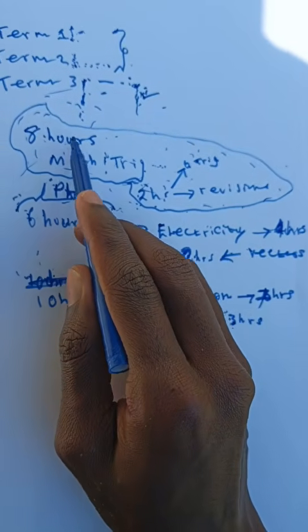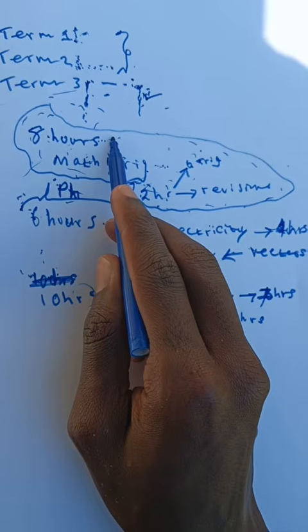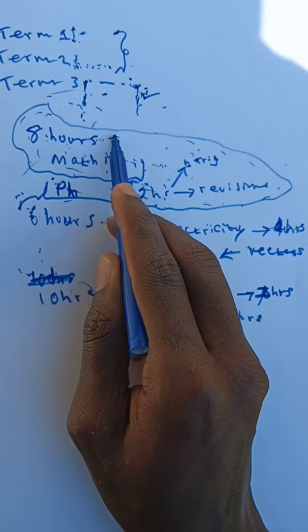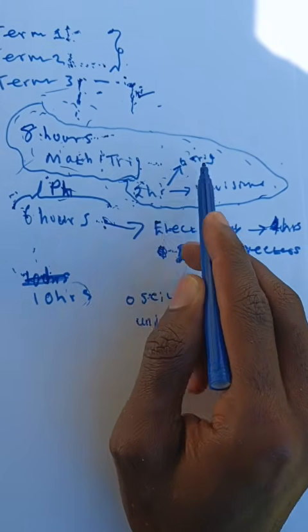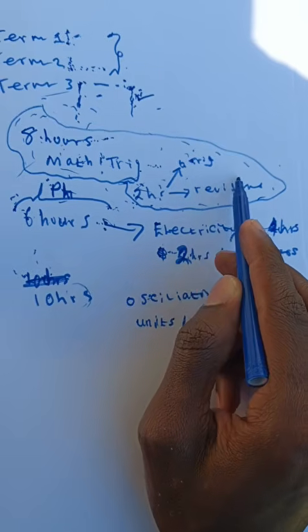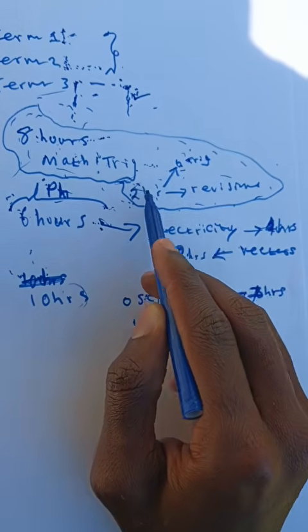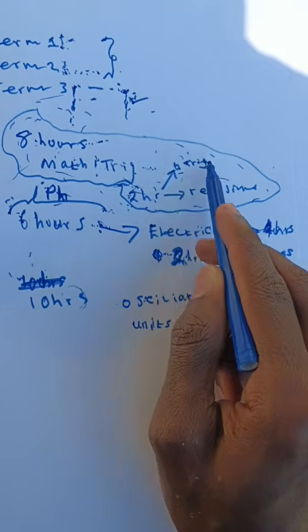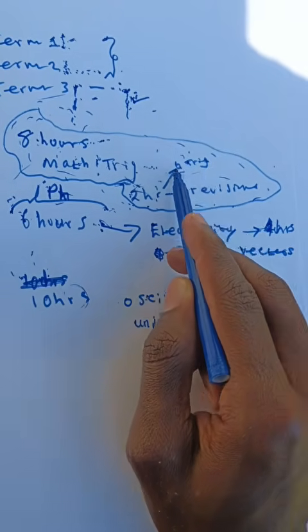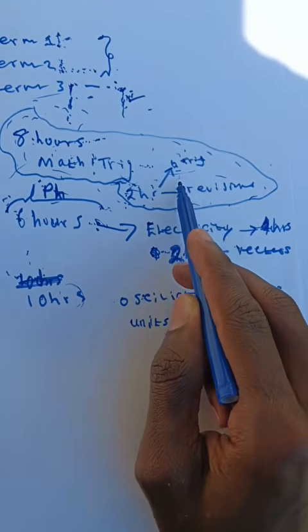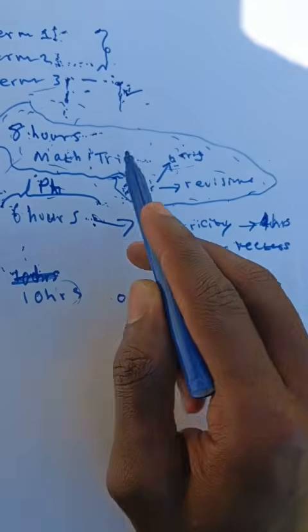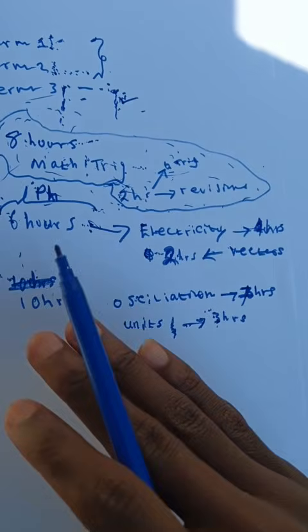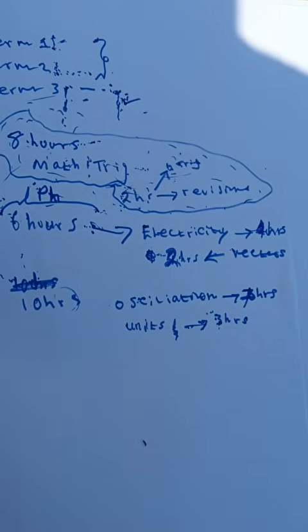If you do this maybe 5 times or 7 times, day 1 you push some term 3 work, you also push some revisions for 2 hours. Day 2 again you push some term 3 work for 6 hours, term 2 work for 2 hours, maybe revisions for 2 hours. You do this maybe 5 times or 10 times.